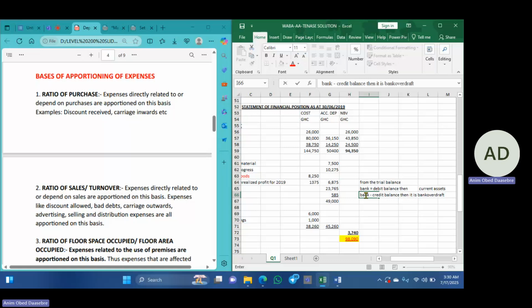That is a current liability, because you are owing the bank.